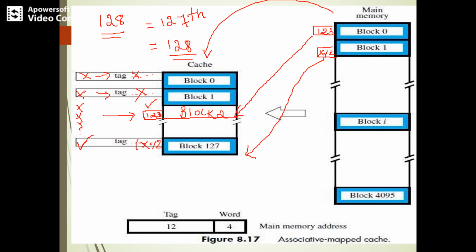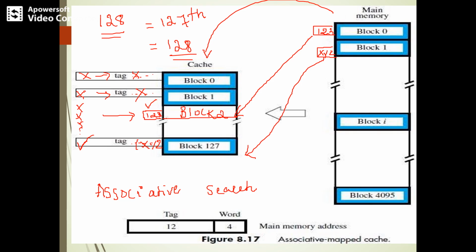Now the major drawback of associative mapping is the associative search. That is, the time taken to search the tag bits, or to compare the tag bits, is large.